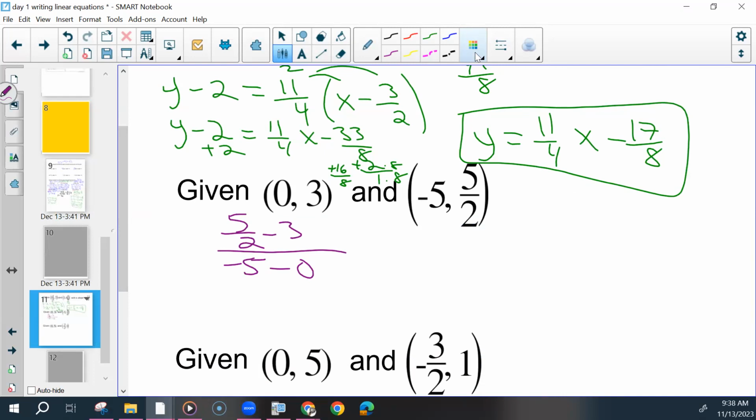Get common denominators for this one over 1, multiply it by 2, there we go. So 5/2 minus 6/2 over, you can simplify this now or later. This is just 5. 5/2 minus 6/2 to give us -1/2.